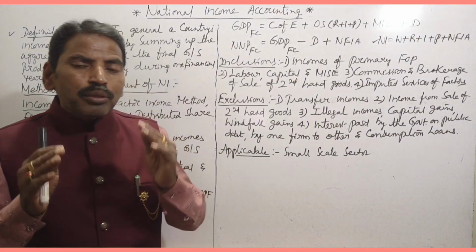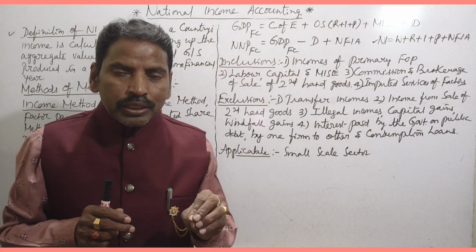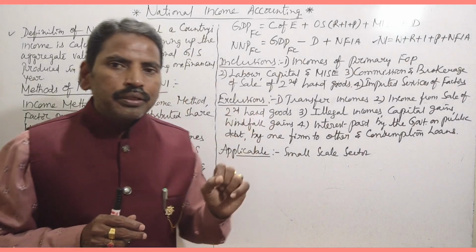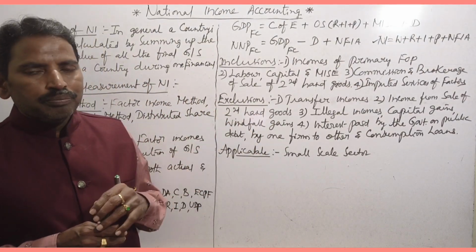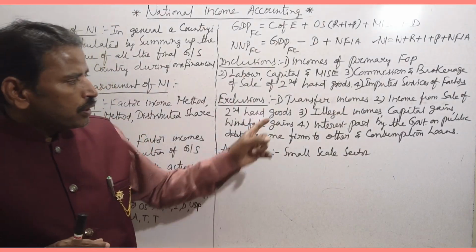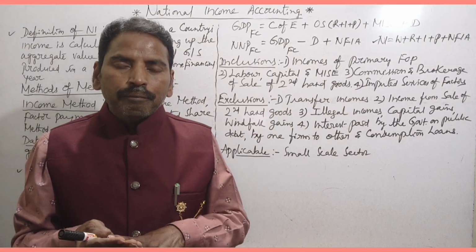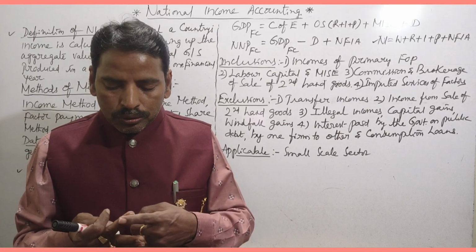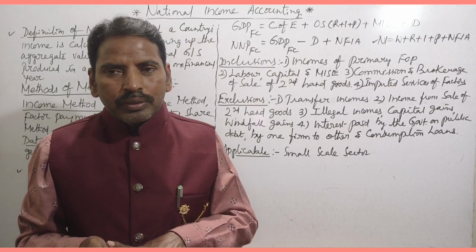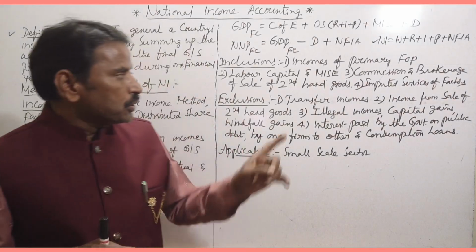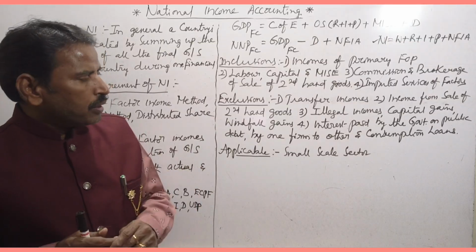Next, some items are excluded, not taken into consideration to calculate national income through the income method. Those are called exclusions. One is transfer incomes. Transfer incomes are pensions, scholarships, unemployment allowance, etc. These are not included.